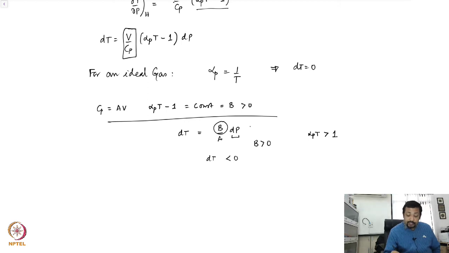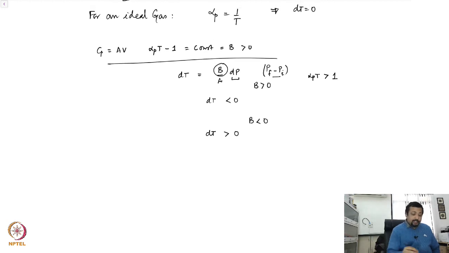Because if you integrate this, you get a relation with Pf minus Pi. Initial pressure was high, final pressure was low, so this delta P is negative and therefore your temperature change is negative, so the gas cools down. In contrast, when B is less than 0, your change in temperature is going to be positive, so that your gas heats up.